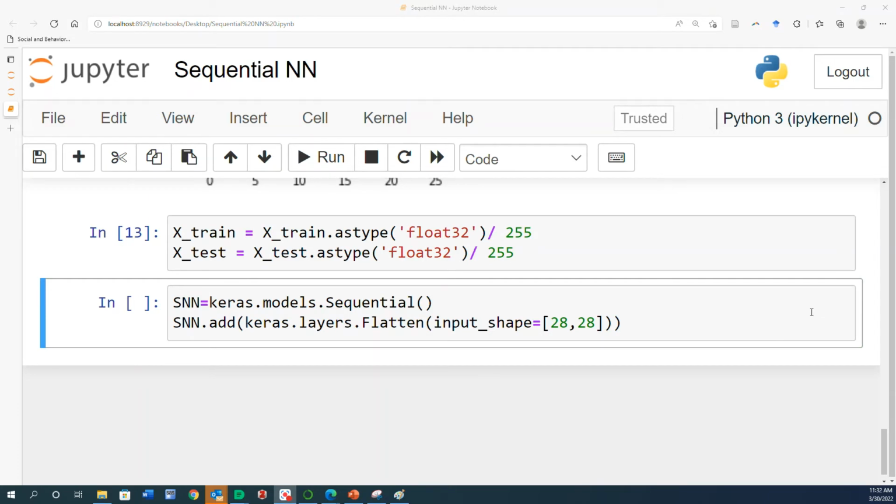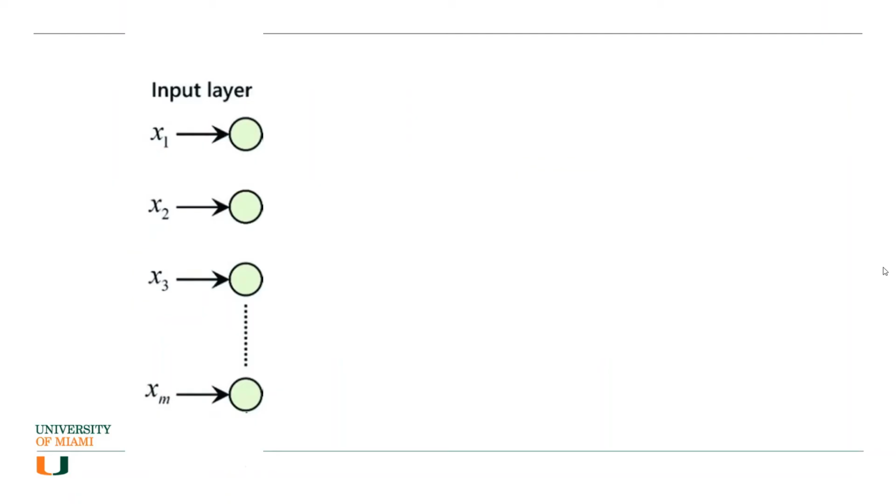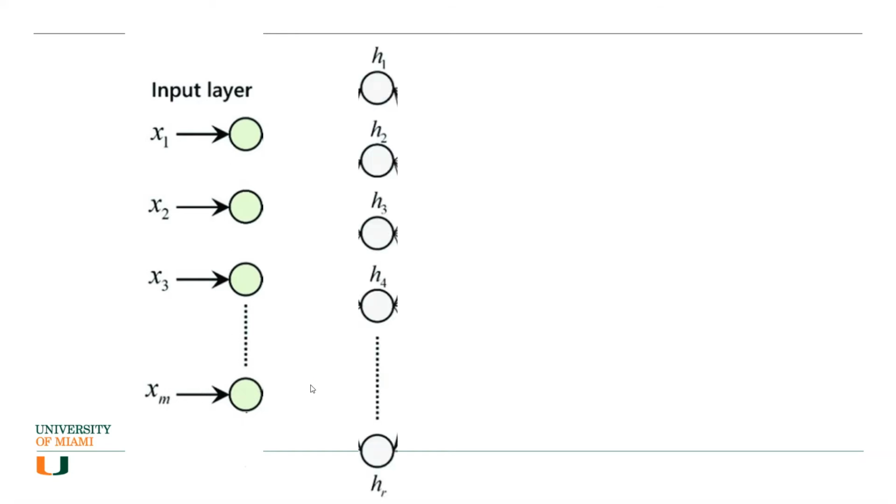Now we have to go and add our first hidden layer. Again, this image would help us to visualize the process a little bit better. So we just created the first layer that had enough nodes to read all the features that we had in our 784 nodes. Now what we are going to do is create the very first middle layer. And there are two important things that we have to consider. The first one is the number of nodes that we are going to have in the middle.